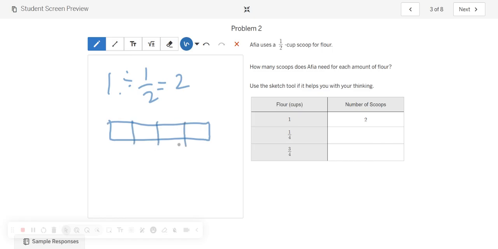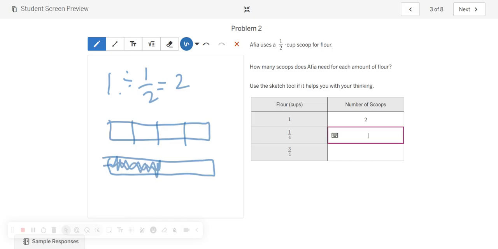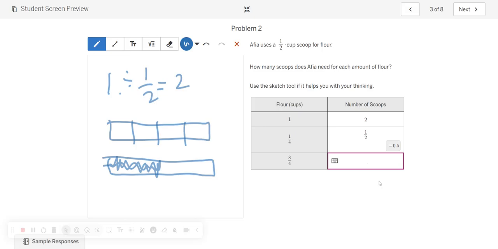But if I'm looking at, I only have 1/4, and then 1/2 is this much of it. I only have half of that. And then 3/4 is just 3 times that. So 1.5 or 3/2.